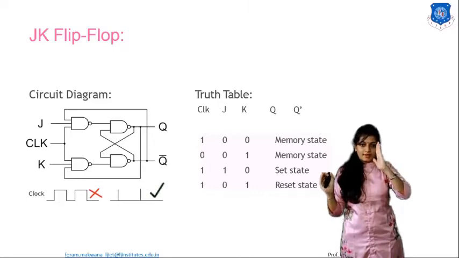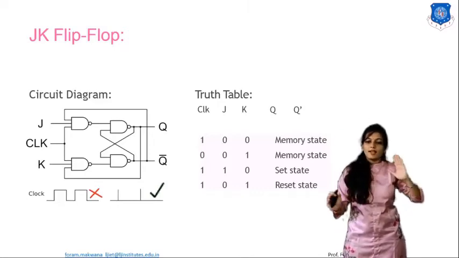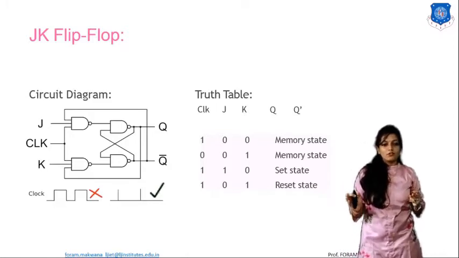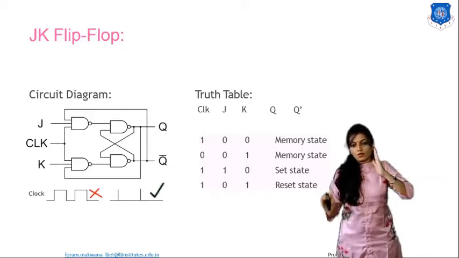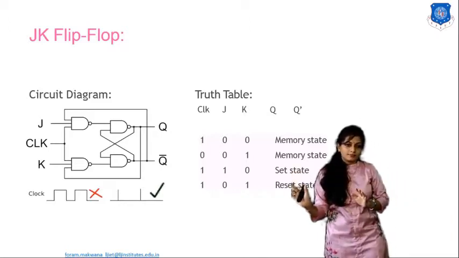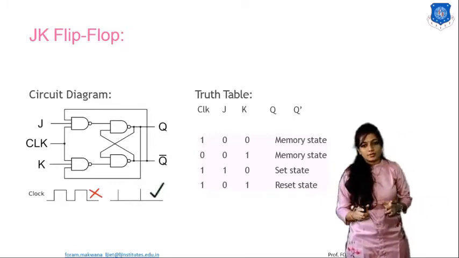If it has a rising edge and a falling edge, it is an edge trigger. So over here my flip flop is an edge trigger. It means either on the rising edge or on the falling edge my flip flop is going to be activated. Right? Consider that my flip flop is a positive edge trigger.